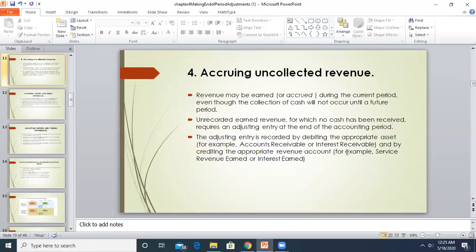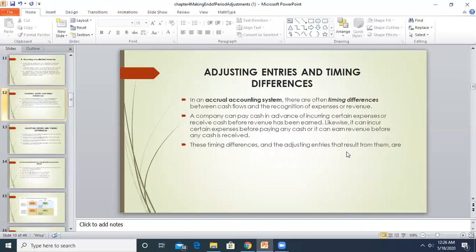For example, accounts receivable or interest receivable: you have sold the goods and made the sales, but you have still not received the payment, so accounts receivable becomes debited. And what will you credit? You will credit the revenue account, either service revenue earned or interest earned, whatever the case is.